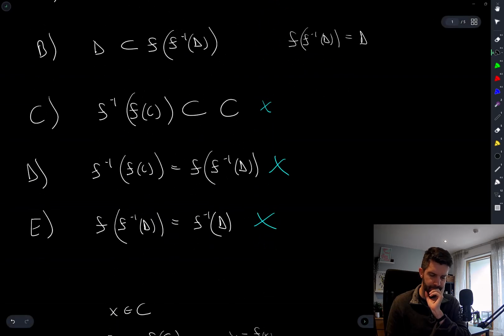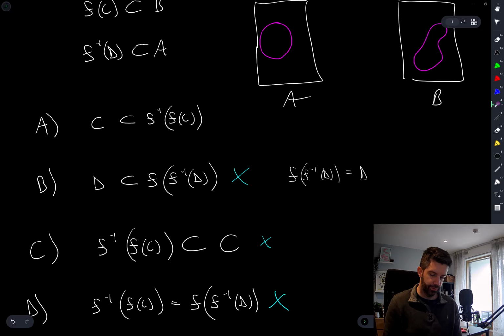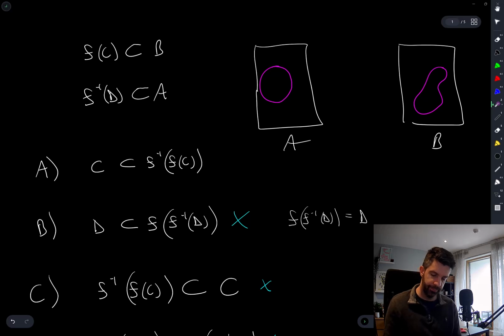Oh, of course, yes, there may be elements in D that never get mapped to by anything in A. That's why. Whew. Okay.